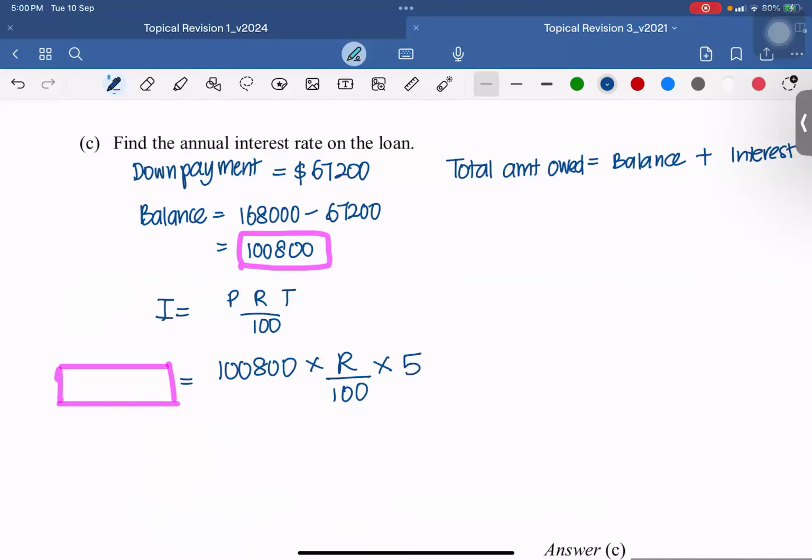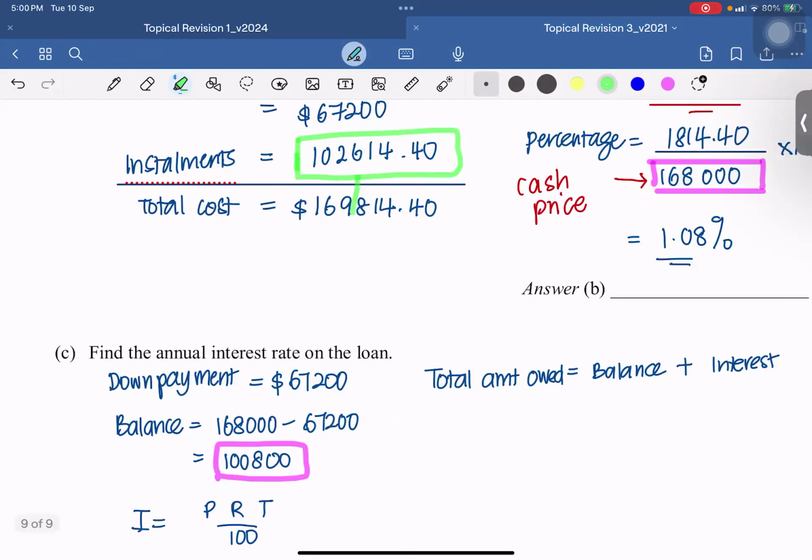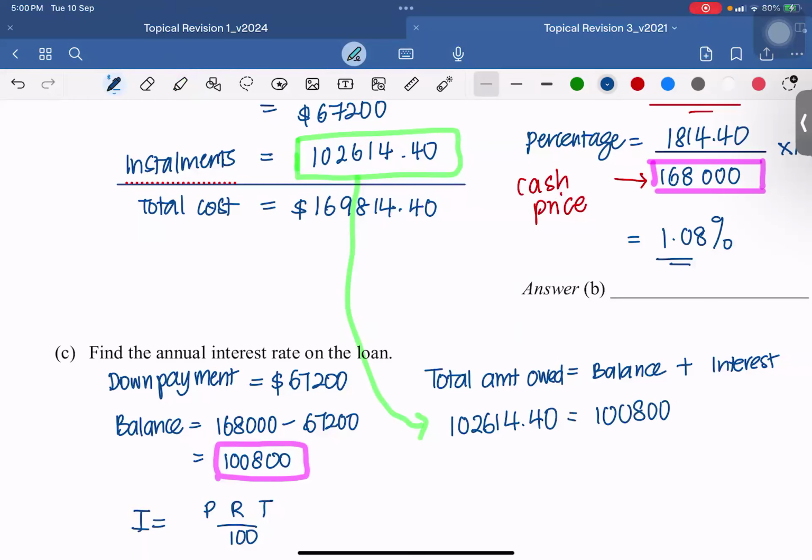Now the remaining part of the puzzle is to find this interest. What is the total amount that I owe at the end? When I look at my installment, this is the amount that I owe: my balance plus my interest. So this amount that I owe is the monthly installment that I have paid in total. My balance was 1,008,000, plus I'm going to find my interest.